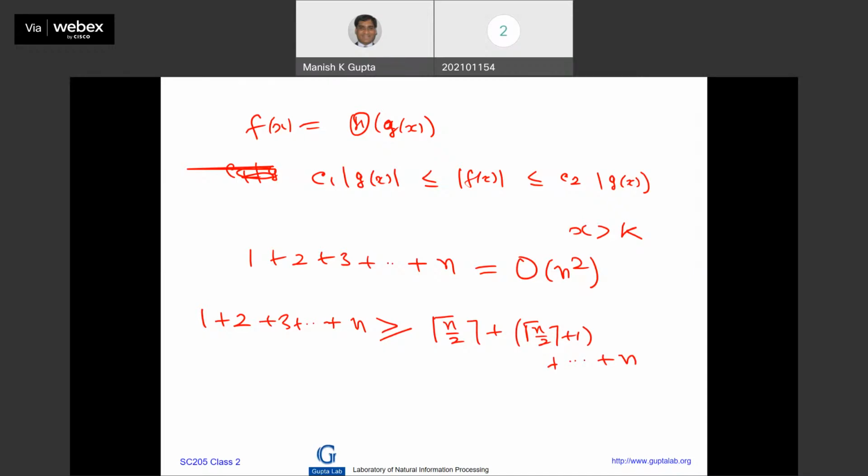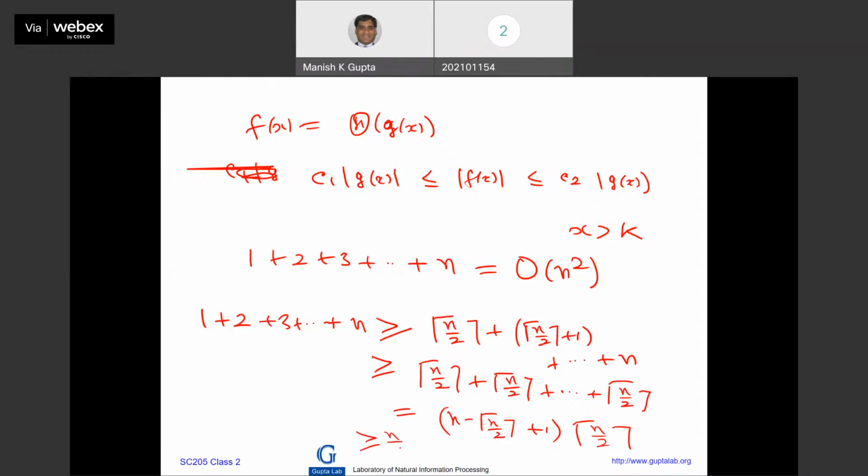Now, this I can sum. So ignore the first half and sum only the terms bigger than n by 2. So this is nothing but n by 2 plus n by 2, all of them lower bounded by n by 2 anyway. And how many times? This is n minus n by 2 plus 1 times, which is at least n by 2 into n by 2, which is equal to n square by 4.